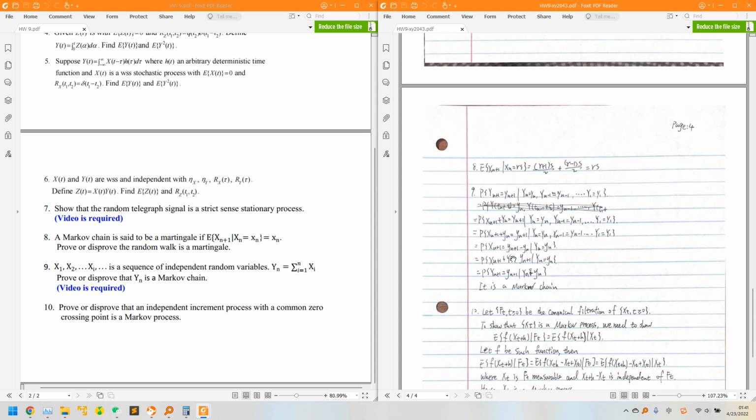We recover the left part of this equation, which is the probability of Yn plus 1 equals yn plus 1, given that Yn is equal to yn. So we prove that these two probabilities are the same, and it is proved that it is a Markov chain.